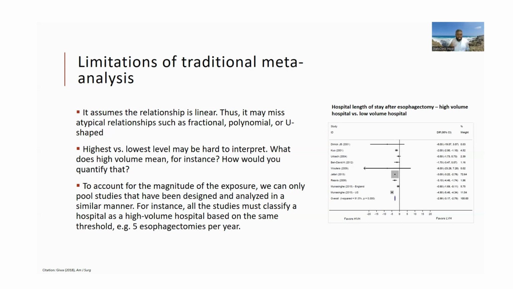And so we use linearity to approximate and give you an idea of how things are. Think of this as an estimation, not necessarily the real truth. If you want to understand further, then you also have to explore nonlinearity. And one of the ways that you will do that is with the dose response meta-analysis.